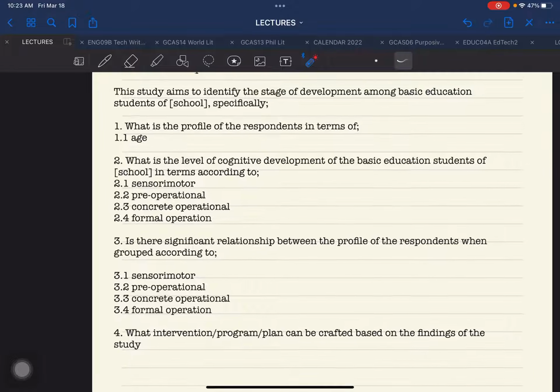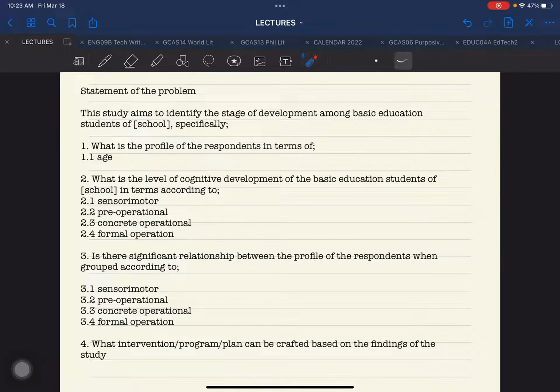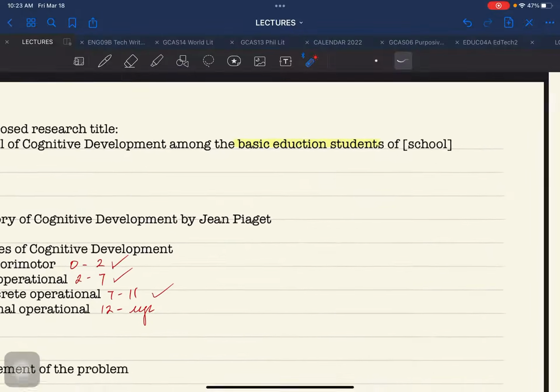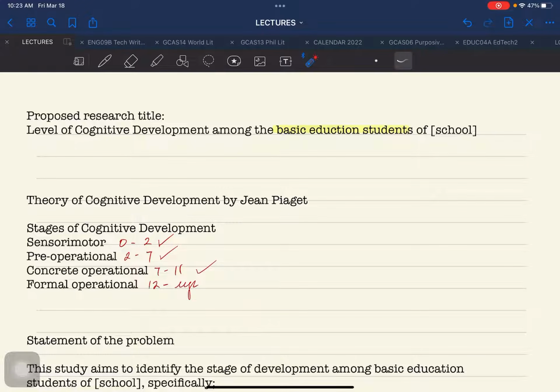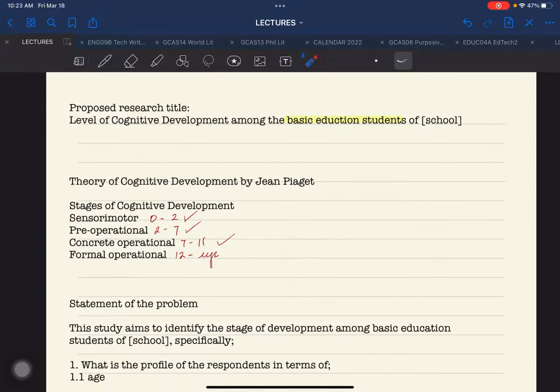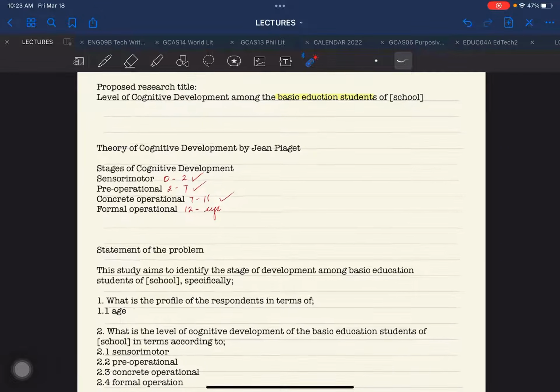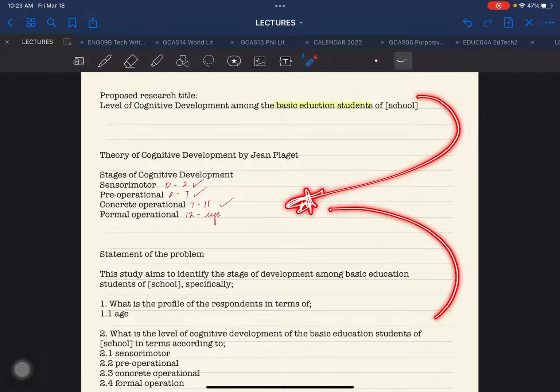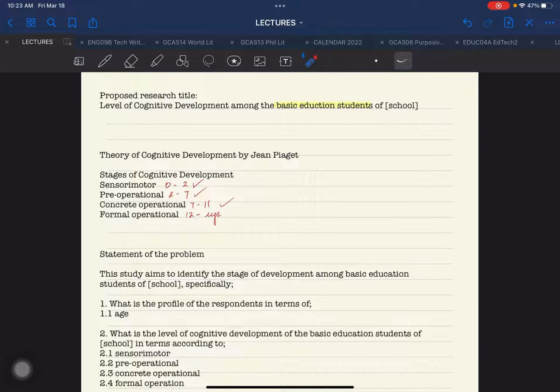So basically, this is the statement of the problem for this particular title, wherein we use this specific theory. So I hope you can already see the relevance between the research title and the theory, and from this, the relevance and the role of the theory in the statement of the problem.